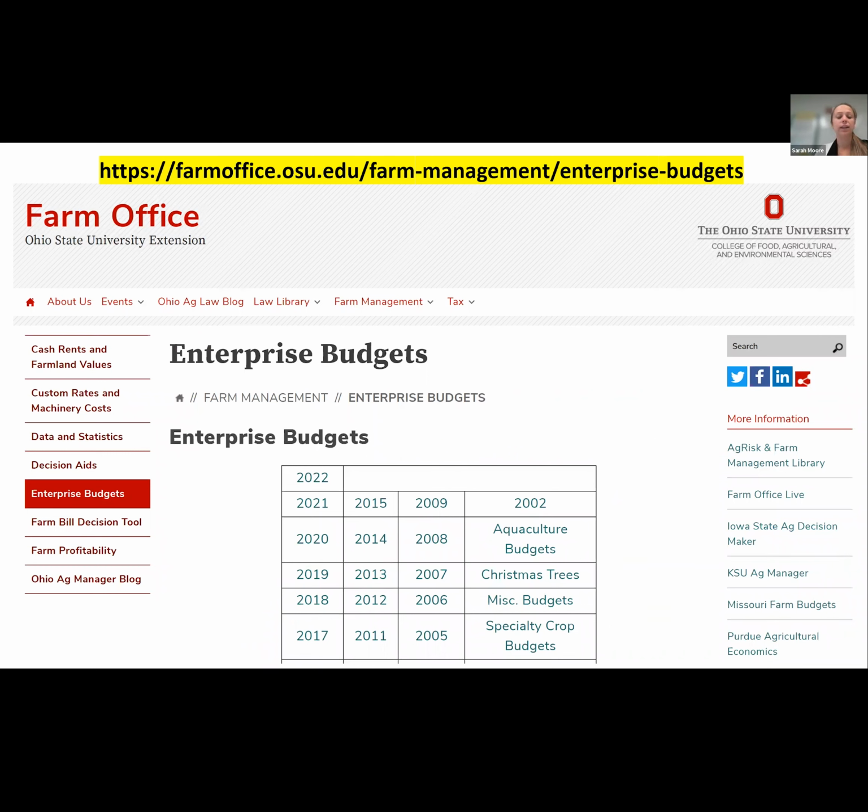And if you're not the kind of person that really keeps your line-by-line budgets, a great place to start are the enterprise budgets put together by OSU. They separate them by year and by crop type, and it's an average across the entire state. They do tend to run high, but it's a great place to start if you don't have all of that written out line by line, and to work from there to tweak it to match your operation.